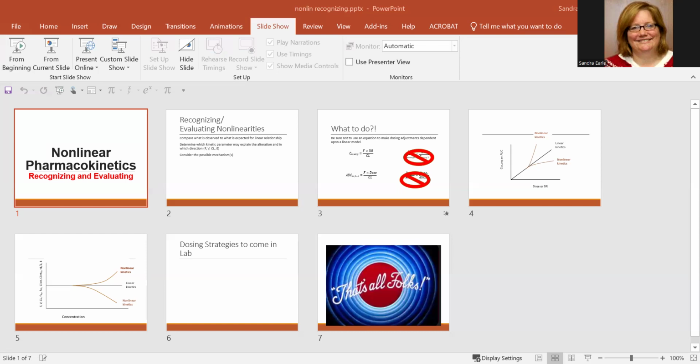Those are all things that you should be able to figure out by investigating and knowing your pharmacokinetic relationships very well. If you need to, I did post a putting-it-all-together slideshow that reviews all this stuff that you learned in 362. It's a good idea to go back and review that if you can.